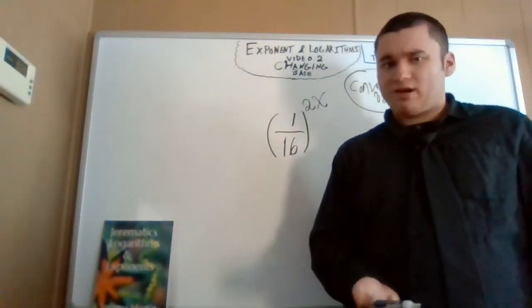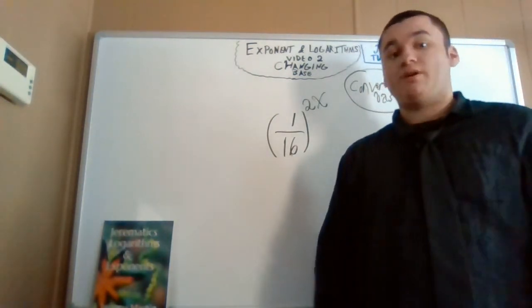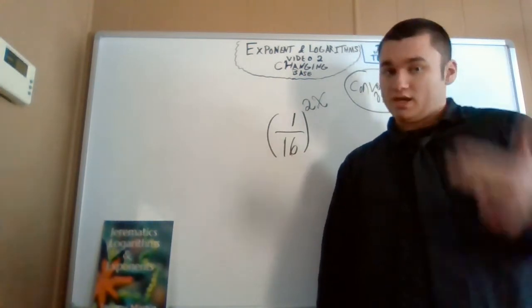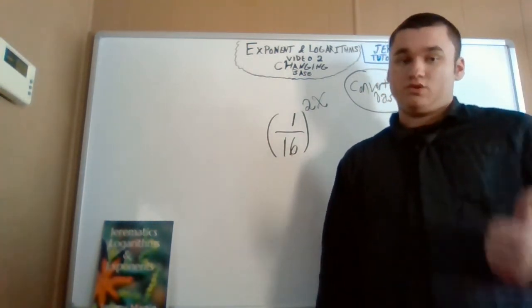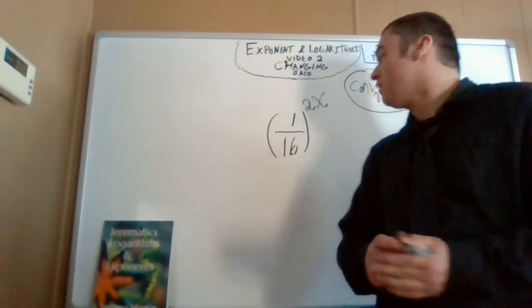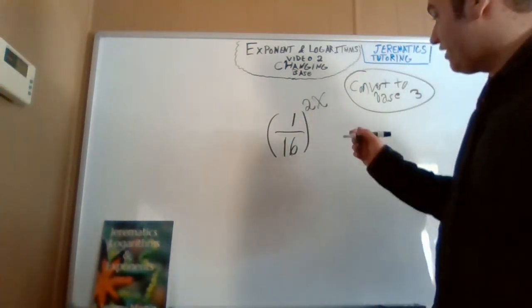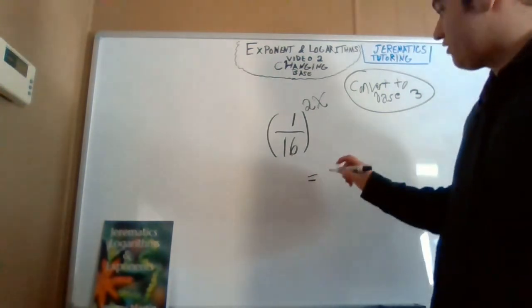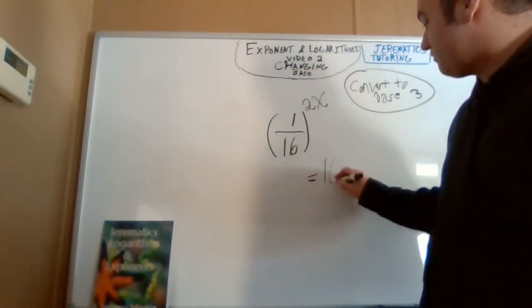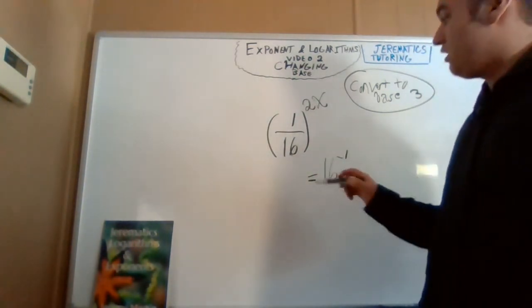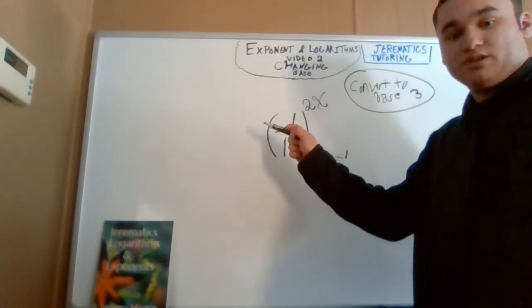Is 16 one of the powers of 2? Well, yes, it is. It's 2 to the power of 4, because 2 times 2 is 4, times 2 is 8, times 2 is 16. So 2 times 2 times 2 times 2 is 16. So 1/16 can be written as 2 to the power of negative 4, because remember that 1/16 is 16 to the power of negative 1, because you can represent a negative exponent as a fraction, and vice versa.